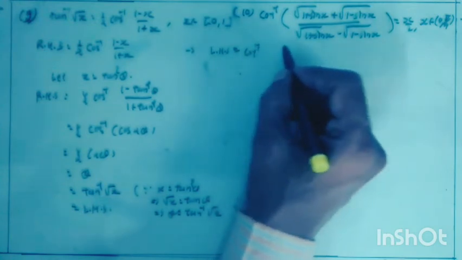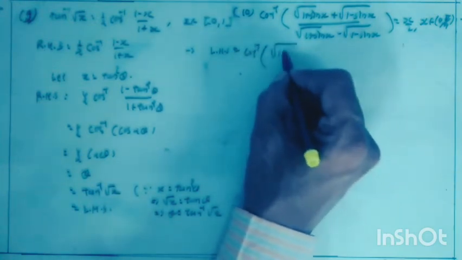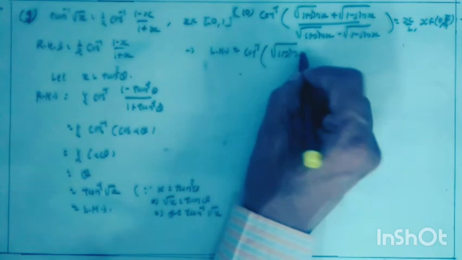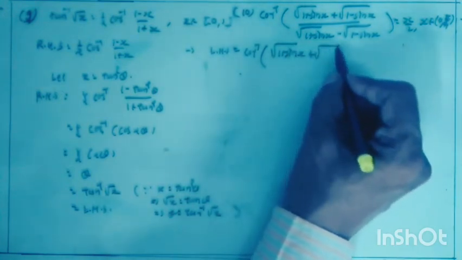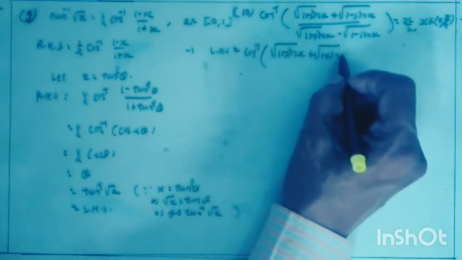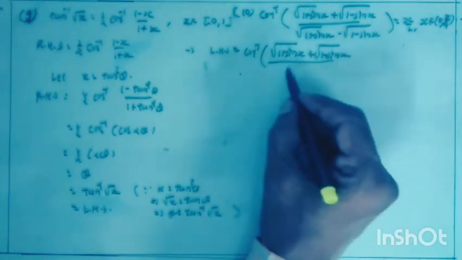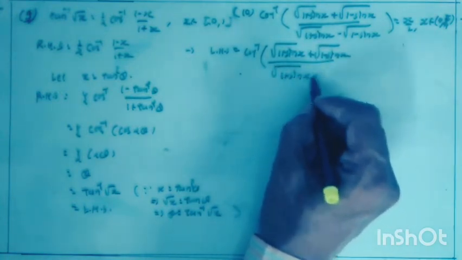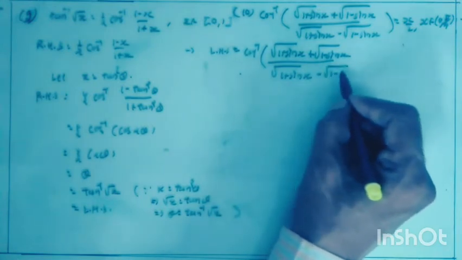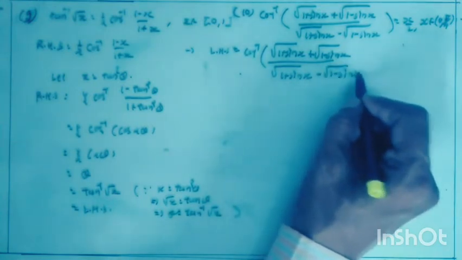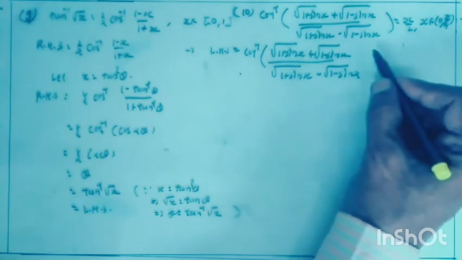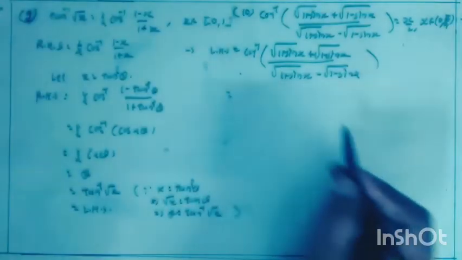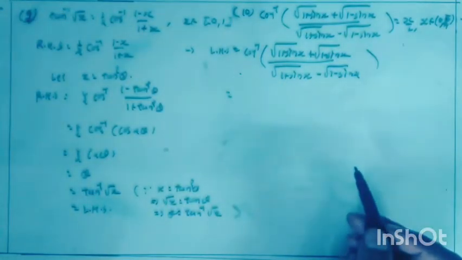LHS is equal to cot inverse of root of 1 plus sin x plus root of 1 minus sin x upon root of 1 plus sin x minus root of 1 minus sin x. In this type of question, first multiply by the conjugate of the denominator.